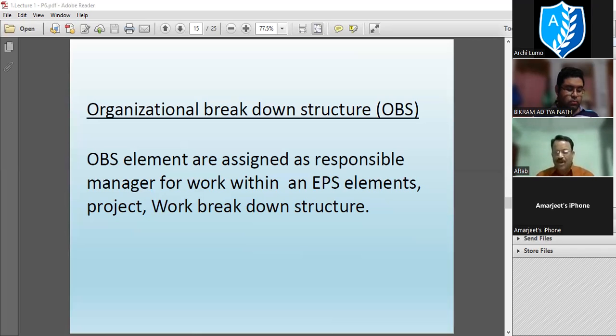Because when you want to manage the villa, you cannot manage unless you break it down into some workable parts. So foundation, I mean substructure, superstructure, which includes say structural part, I mean RCC part or maybe a steel part, and finishing part. All these components become the WBS or work breakdown structure.